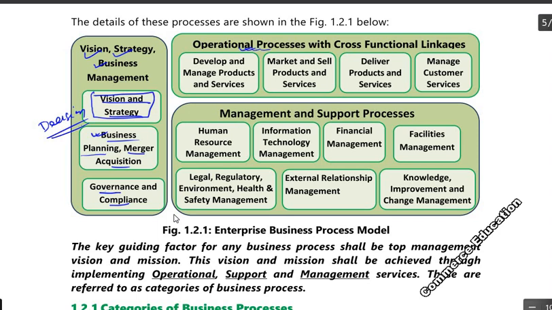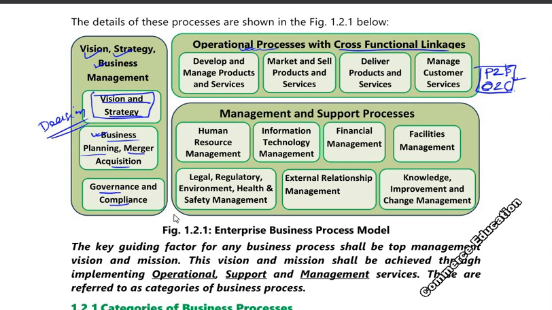Now operational process with cross-functional linkages. Cross-functional means there are many functional departments related to the operational process. Operational processes are basically procure to pay, order to cash. These are the operational processes.